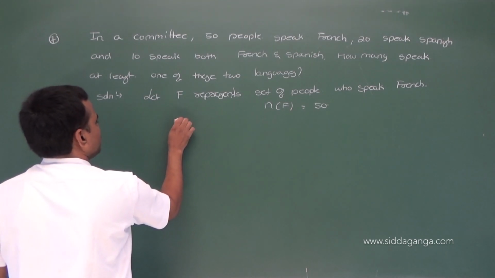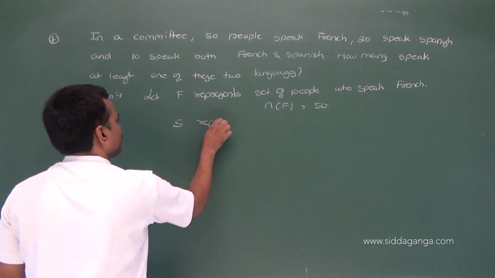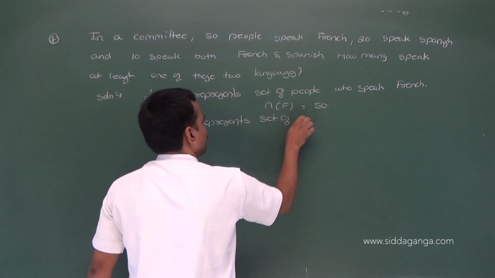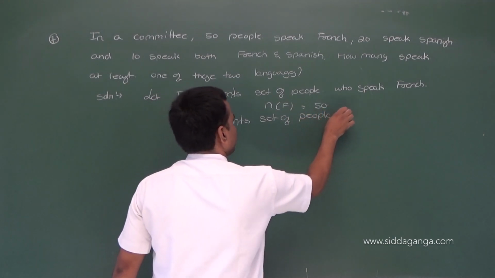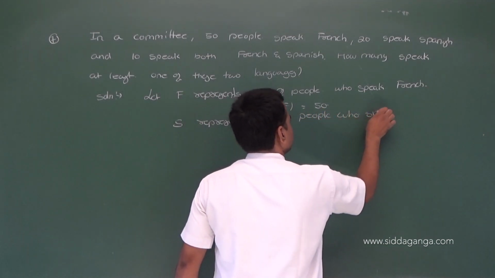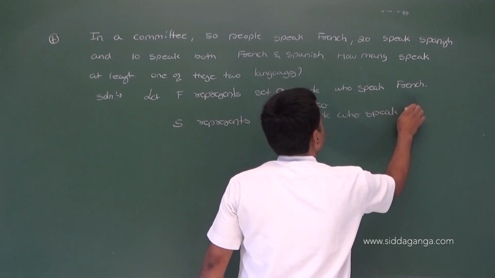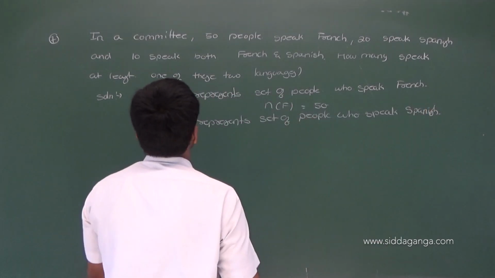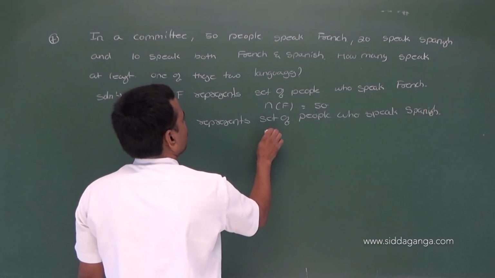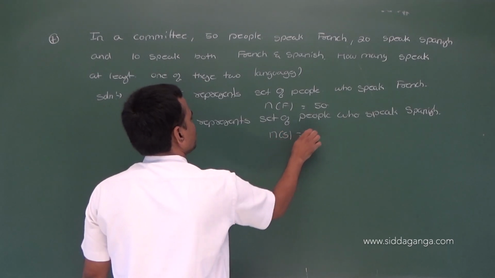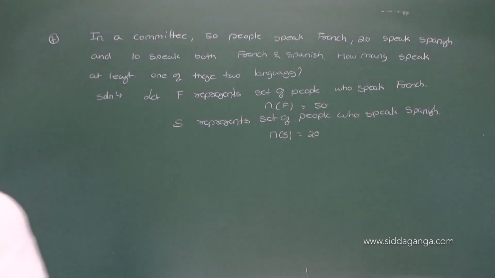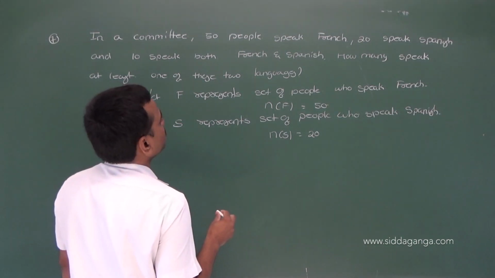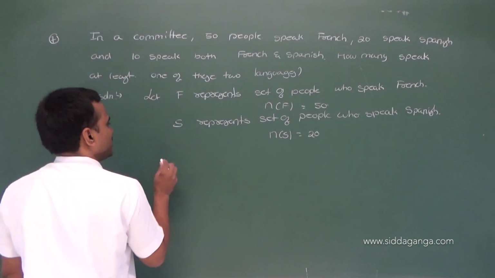S we denote. S represents the set of people who speak Spanish. So n of S is how much? 20. 10 speak both French and Spanish.